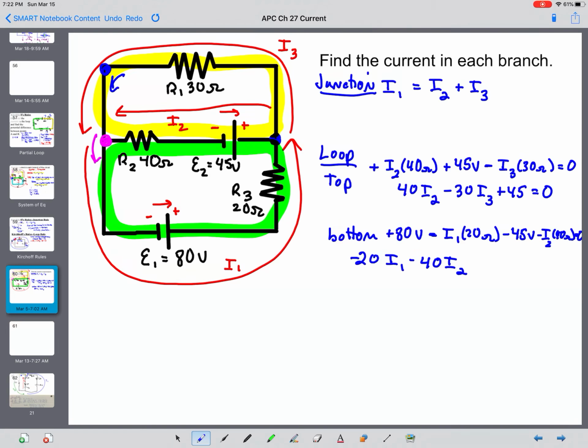And then 80 volts minus 45 volts, that's going to be negative 35 volts is equal to 0. And let's take that back. How about a positive 35 volts? I was pausing to look at it because all the terms were negative and that didn't look right, because you have to have gains and losses. So then there's that one positive in there that compensates.